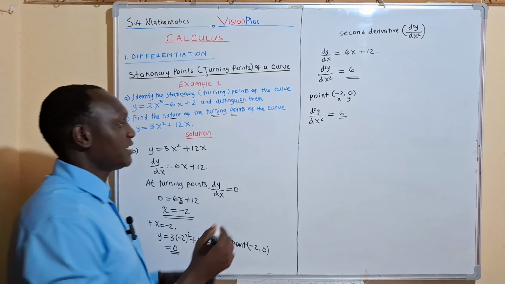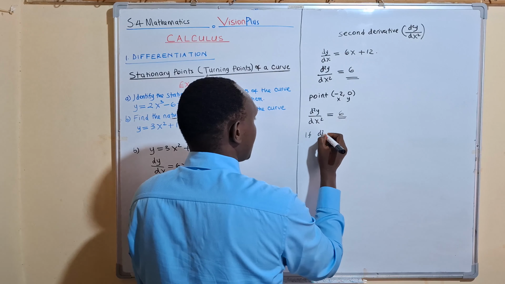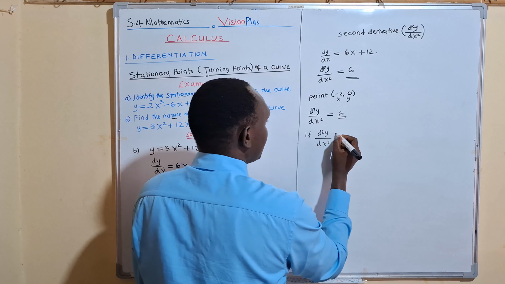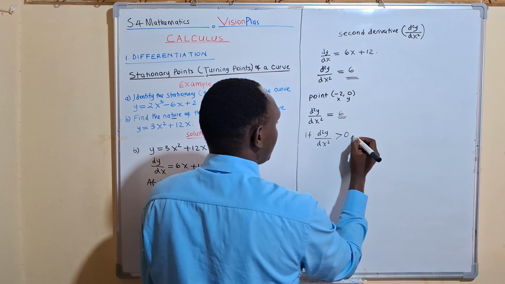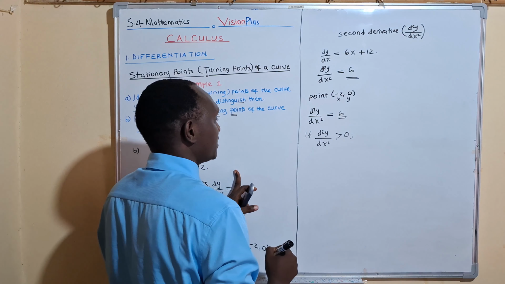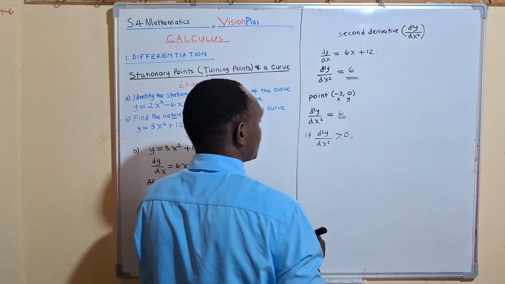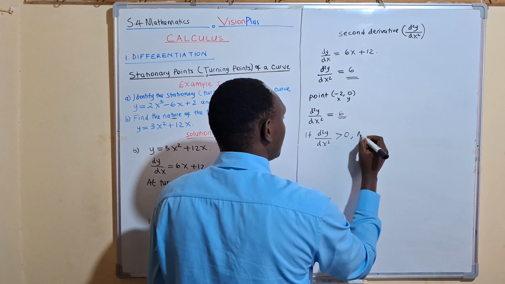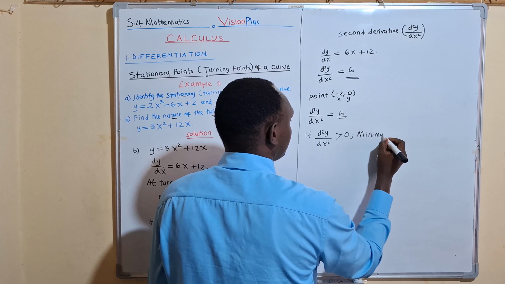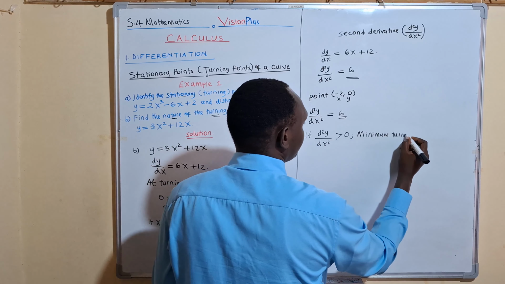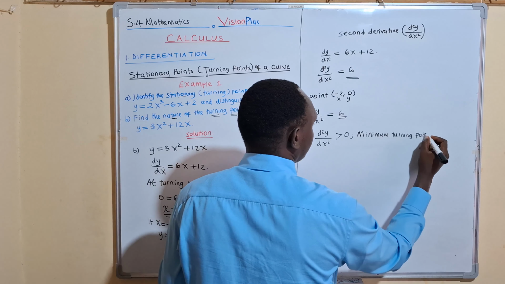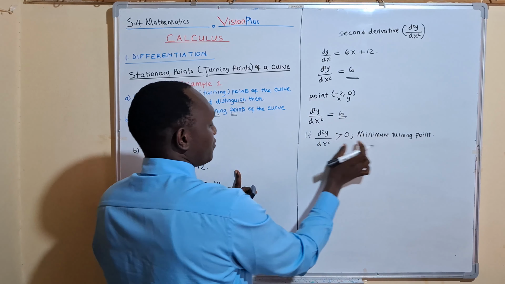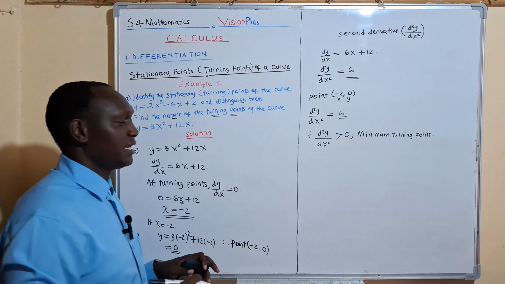And we said that if the second derivative, d squared y over dx squared, is more than 0, we say it is a minimum turning point.